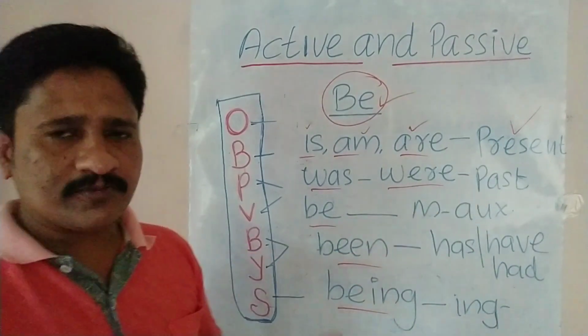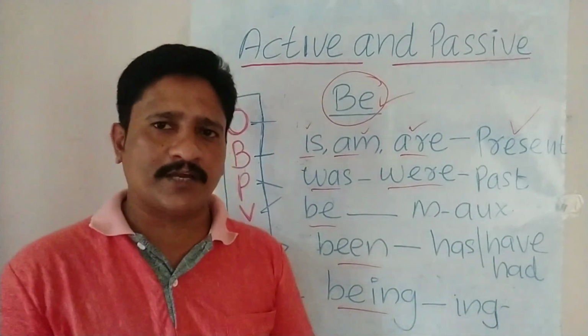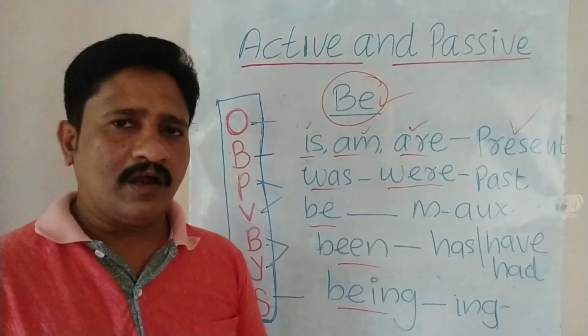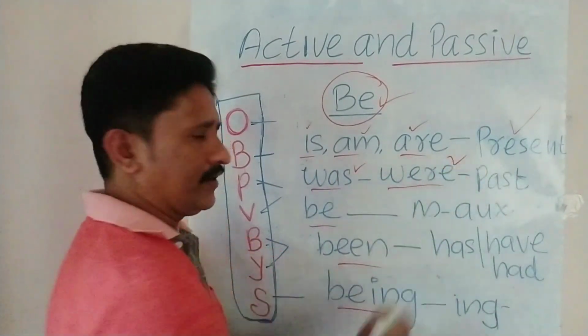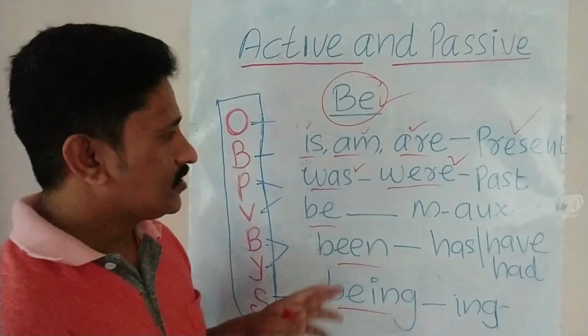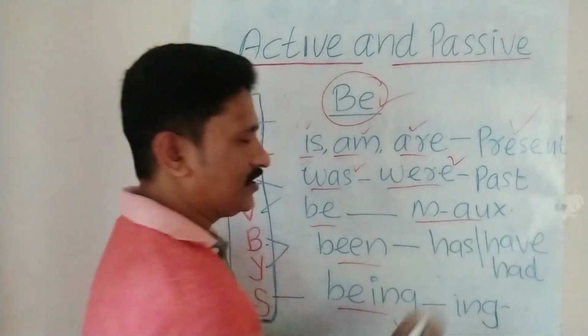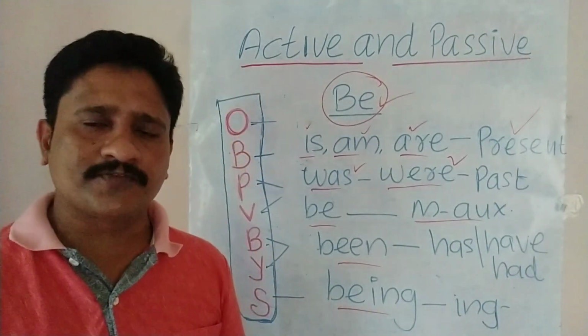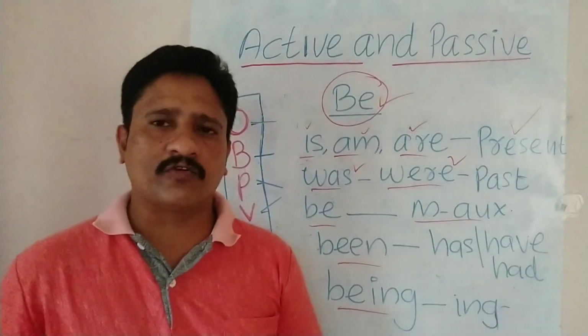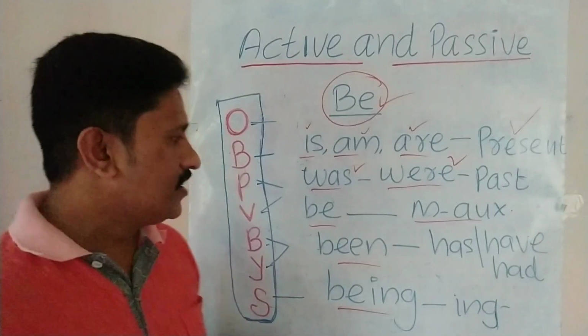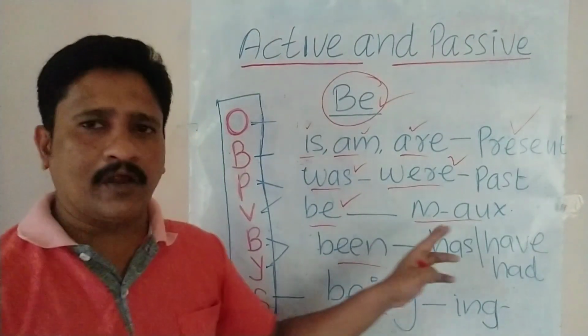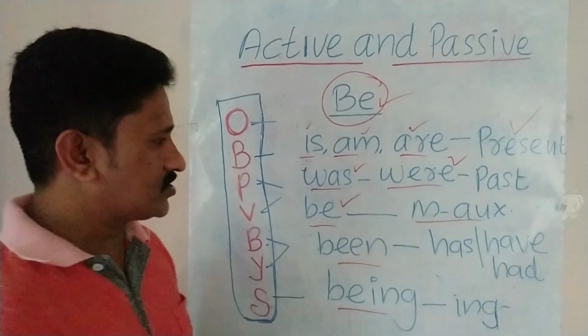Okay, and if it is in simple past tense, that is, if the subject is immediately followed by a past form of the verb, use was or were as the be form. Then if there is any modal auxiliary in the given active voice sentence, for example will, would, shall, should, can, could, may, might, must, etc., use be as the be form along with the modal auxiliary.